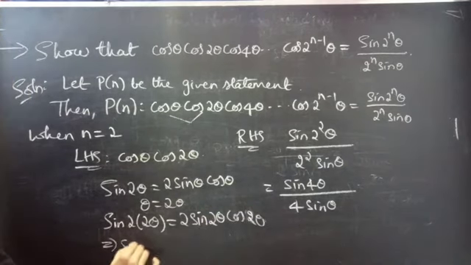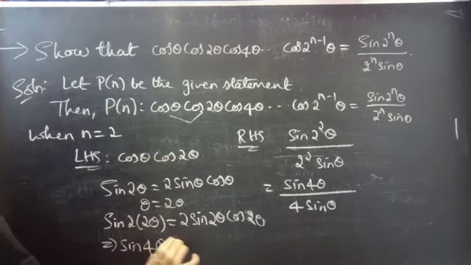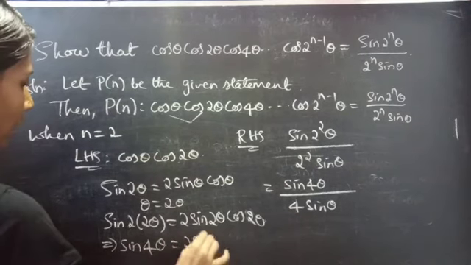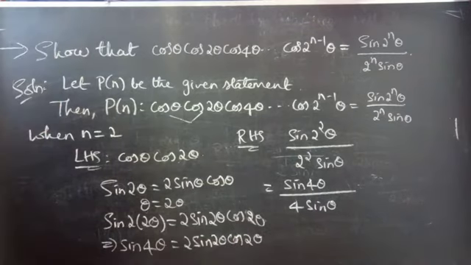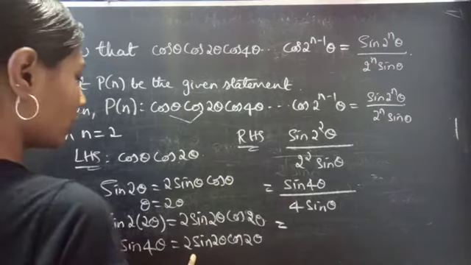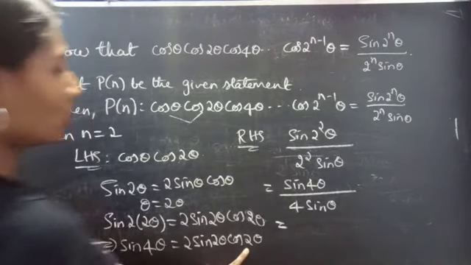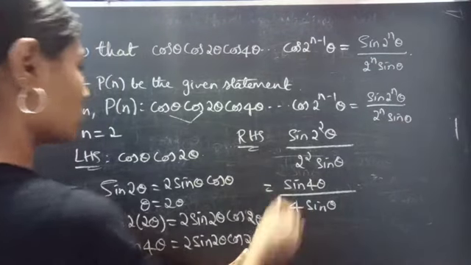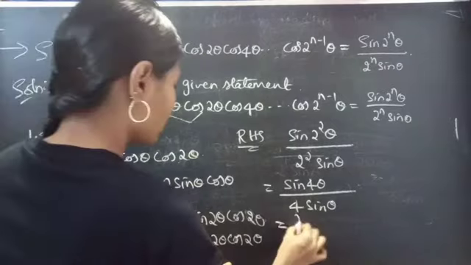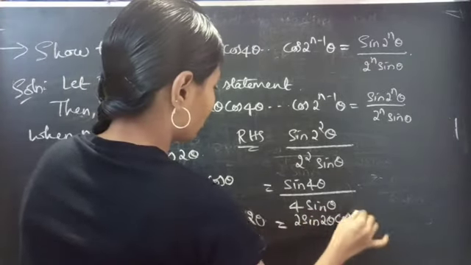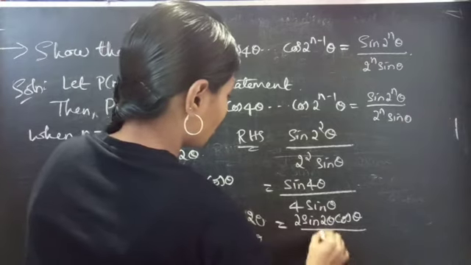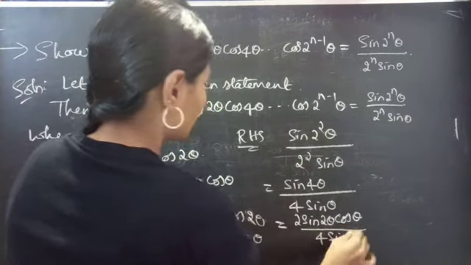Then sin 4 theta equals 2 sin 2 theta into cos 2 theta. So you can replace the numerator by this, and you'll get 2 sin 2 theta into cos 2 theta by 4 sin theta.